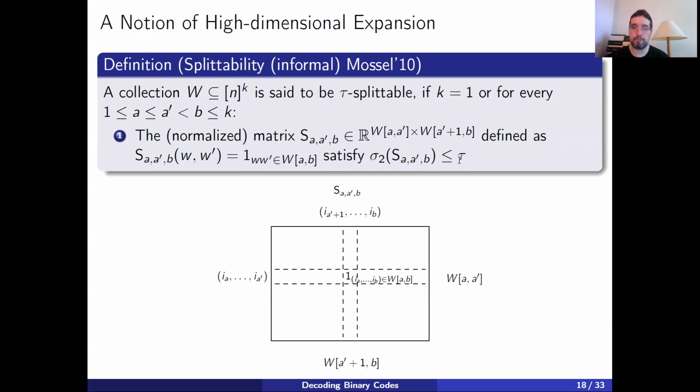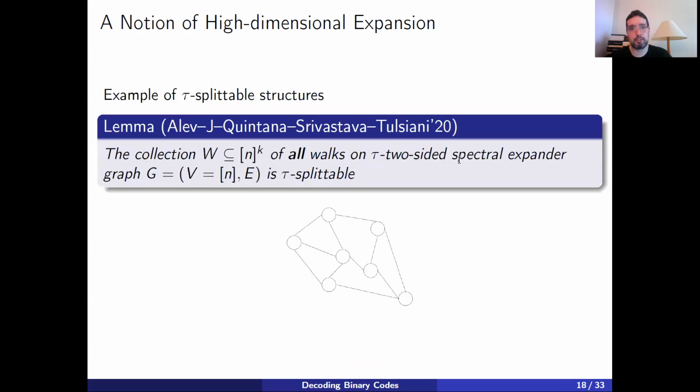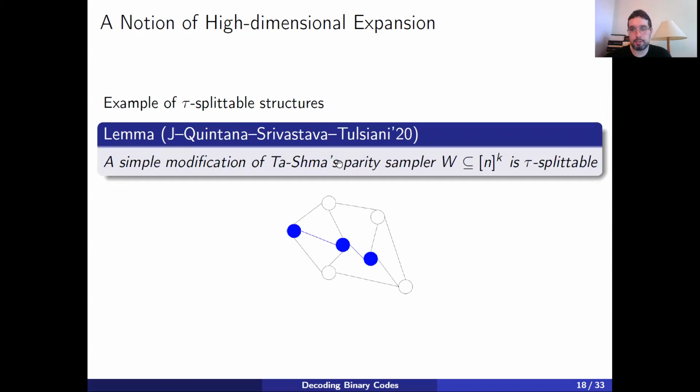And this definition first appeared in Mosel. We rediscovered it later. And you might be asking for examples, and the collection of short walks is an example of a splittable collection. And more important for us, a simple modification of Ta-Shma's construction is also tau-splittable. And that's what's going to make solving the max k-XOR tractable in our case.